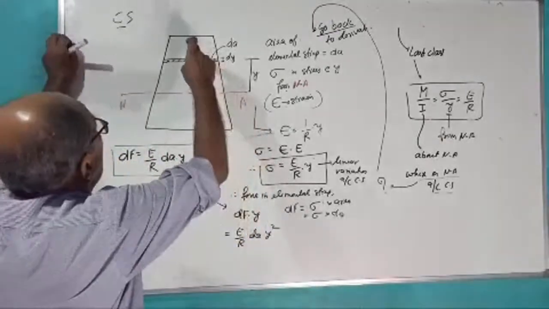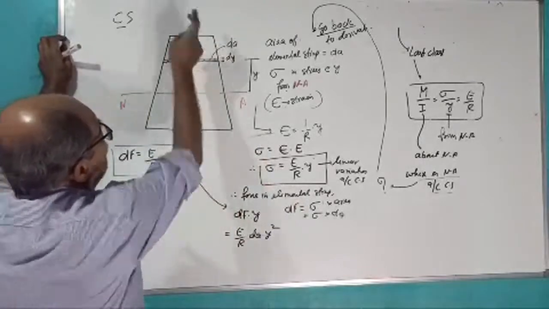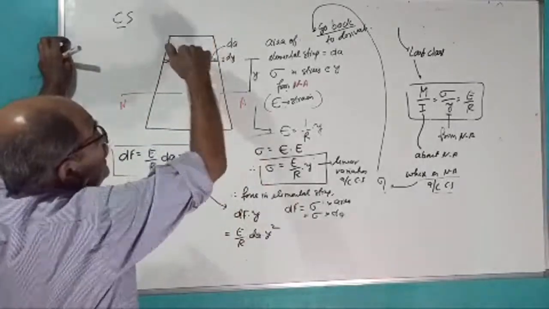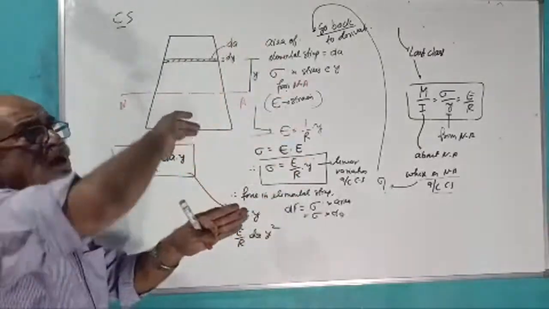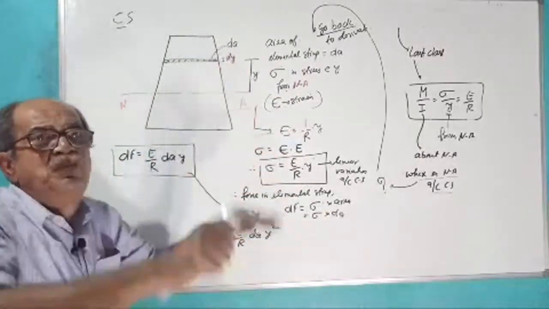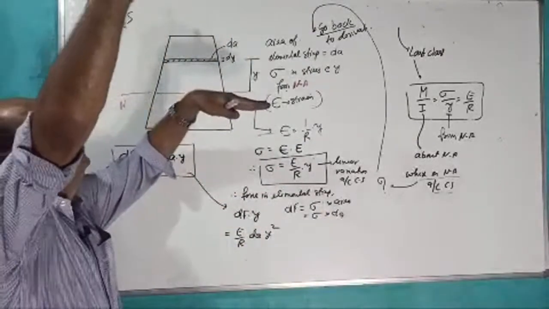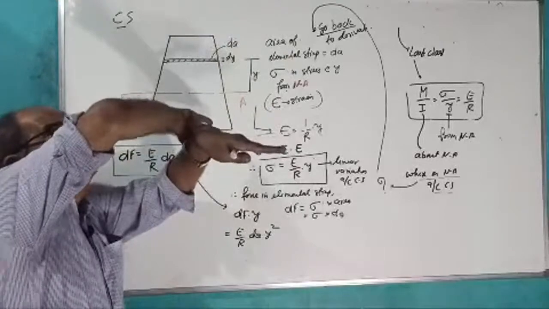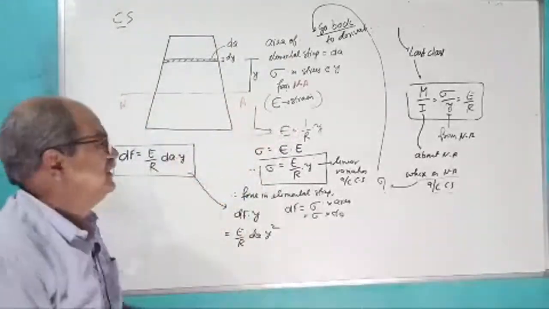Now, there are infinite numbers of strips here. If the upper side force is this way, the lower side is this way. If the upper side gives a moment like this, the lower side also will give the moment the same way. Don't say opposite moment. Why? Upper side force this way gives this way moment, and lower side this way gives the same moment. I told this earlier.